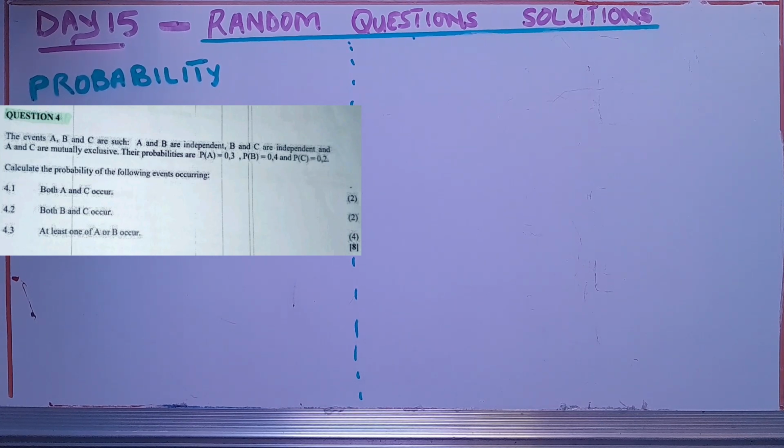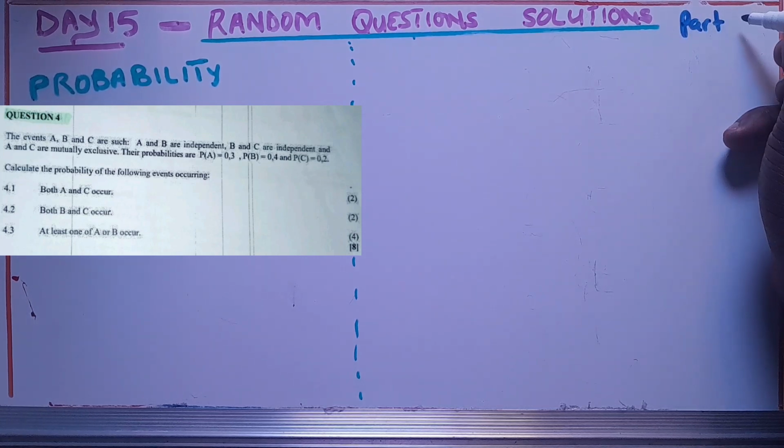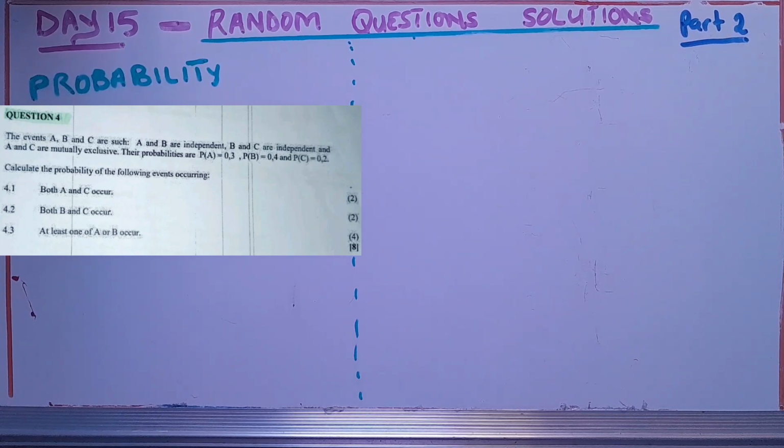So now we are having part 2 of this, where we are dealing with a question also on probability, as you can see, this question I've shown here. It says events A, B and C are such that A and B are independent, B and C are independent, and A and C are mutually exclusive.